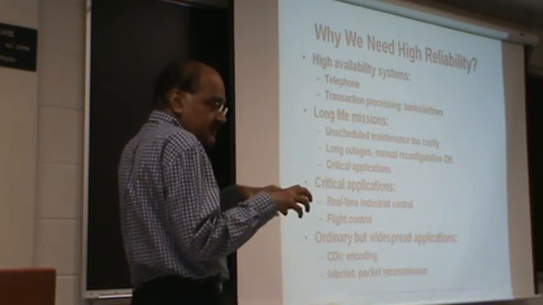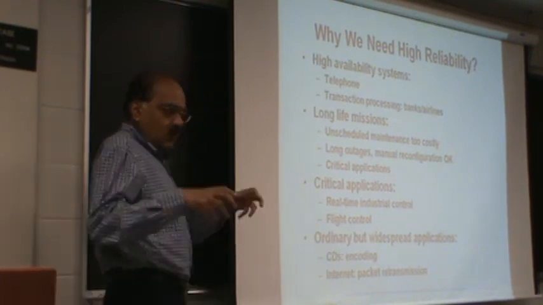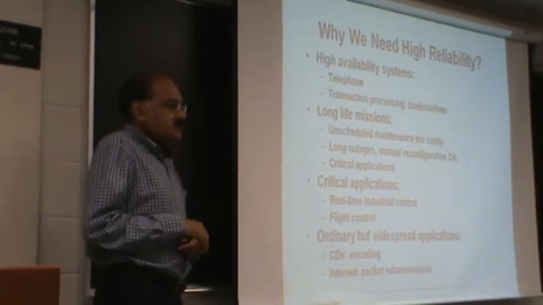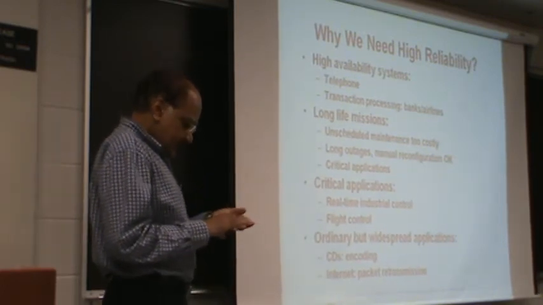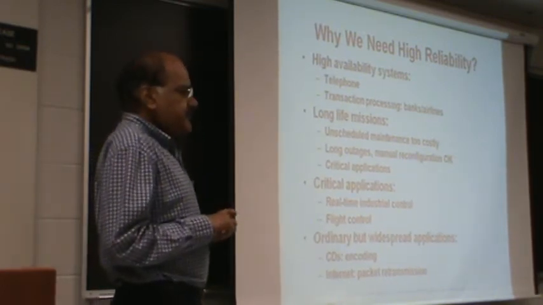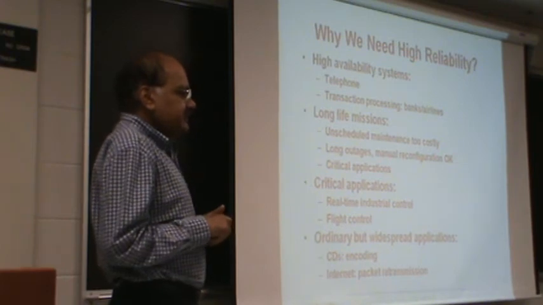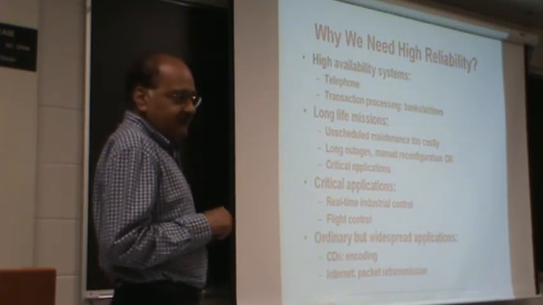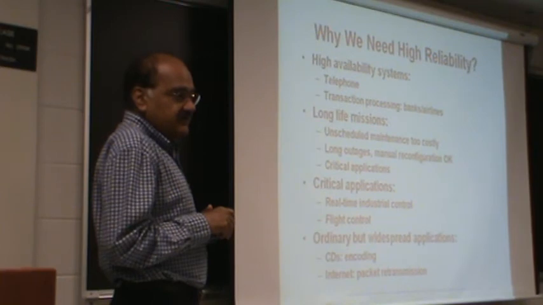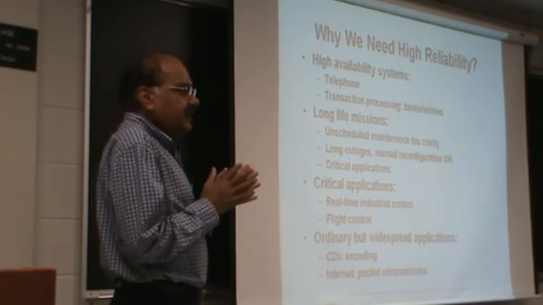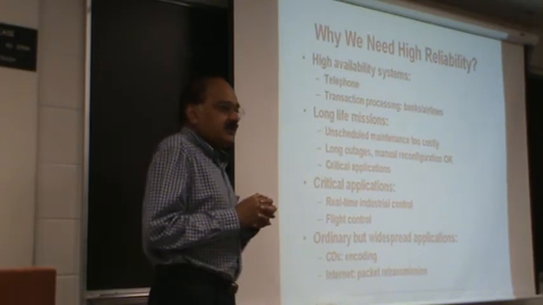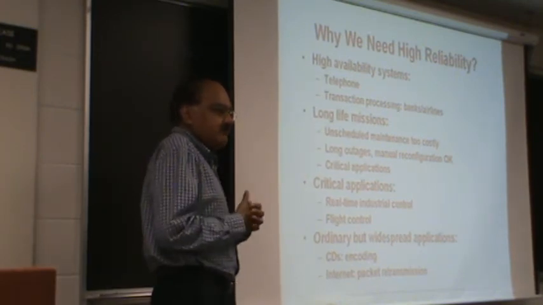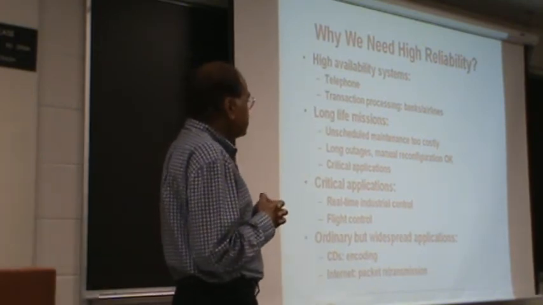Remember, at one time, AT&T had a monopoly, and all the telephone network was routed through their telephone switches, and any downtime would cost AT&T a lot of money. So they did a lot of studies. Some of the early advances in fault-tolerant computing came from AT&T and from telephone switching networks.